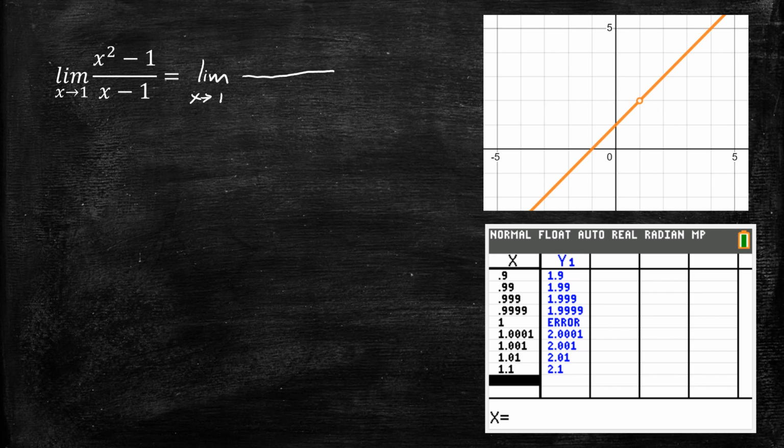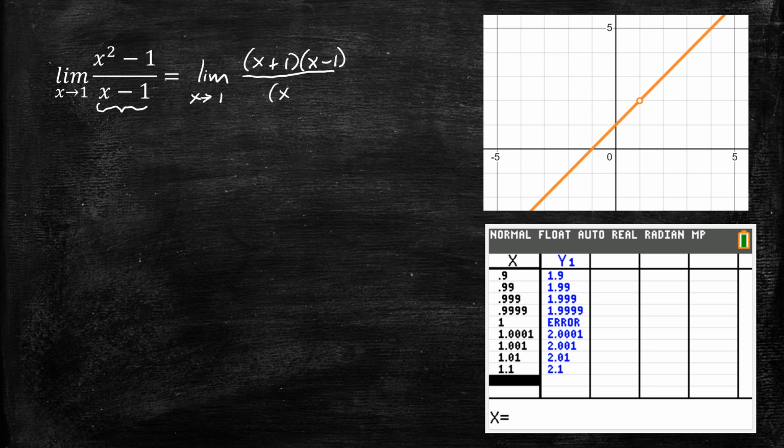The whole problem with plugging in x equals 1 is that x minus 1 in the denominator would give 0, with the numerator 0 as well, so x minus 1 is a problematic factor. And factor is the key word here, because the numerator can be factored as x plus 1 times x minus 1.